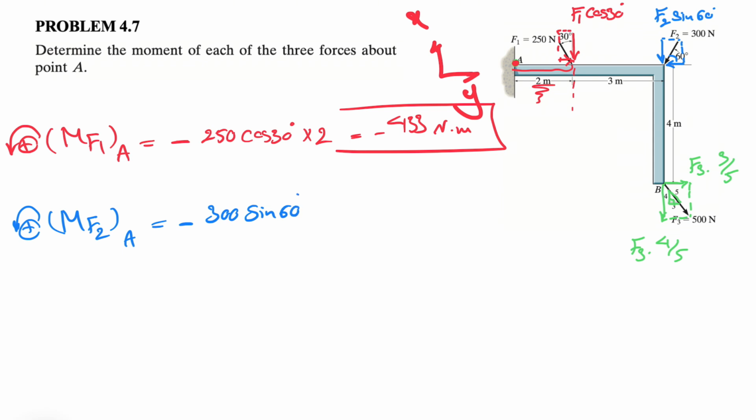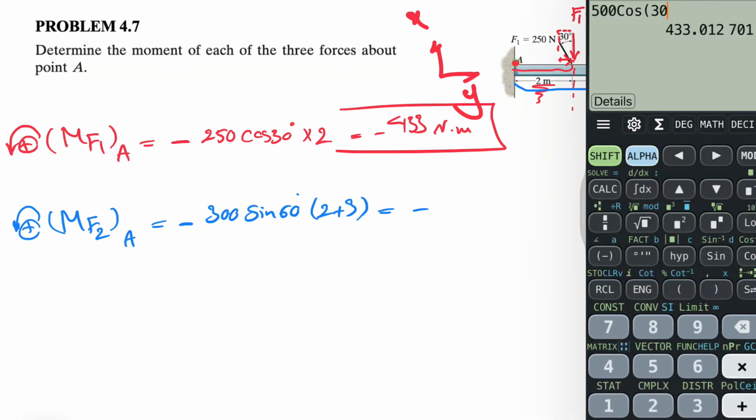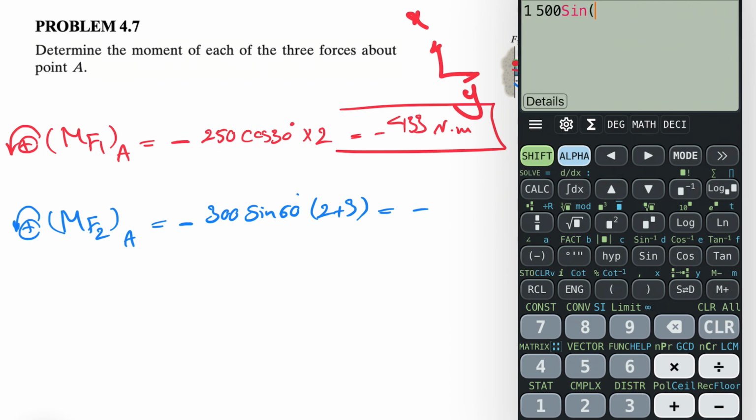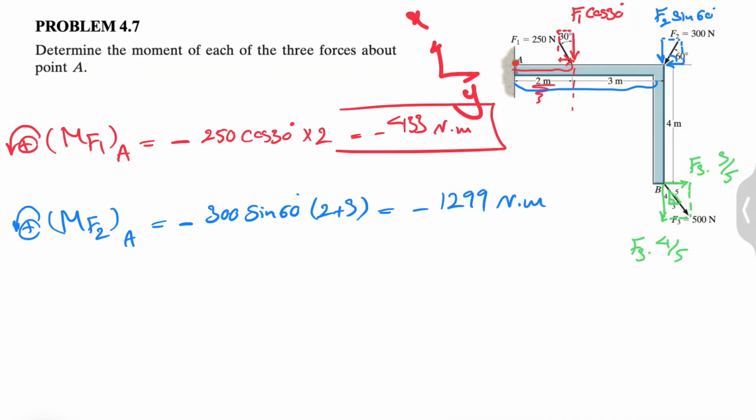And the vertical distance to the line of action would be what we have from here to here, or 2 plus 3, or 5. So 5 times 300, 1500, so 1500 times sine of 60, that's going to be minus 1299 Newton meter.